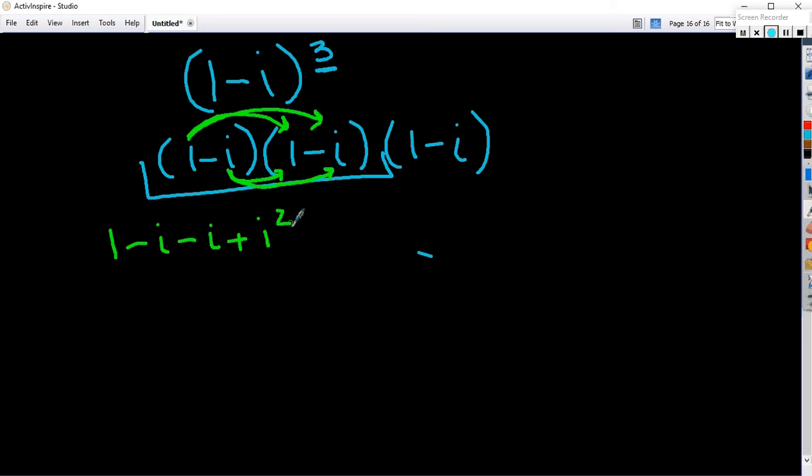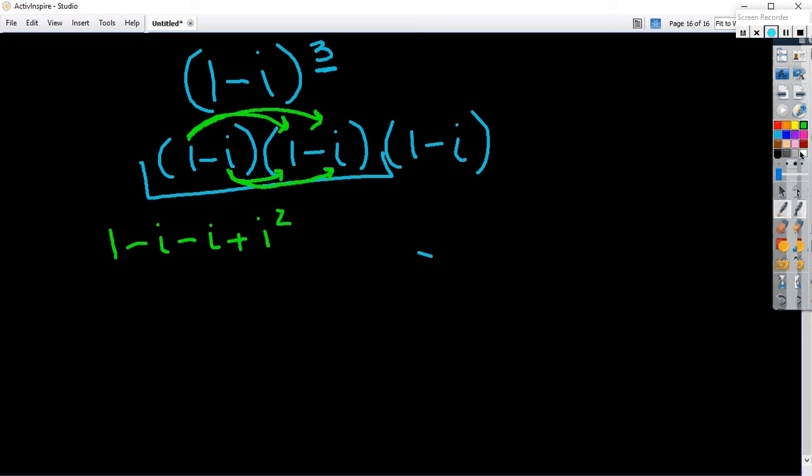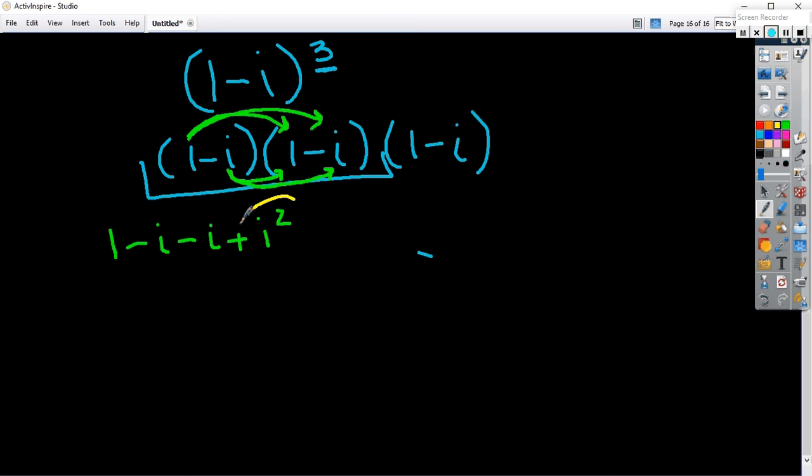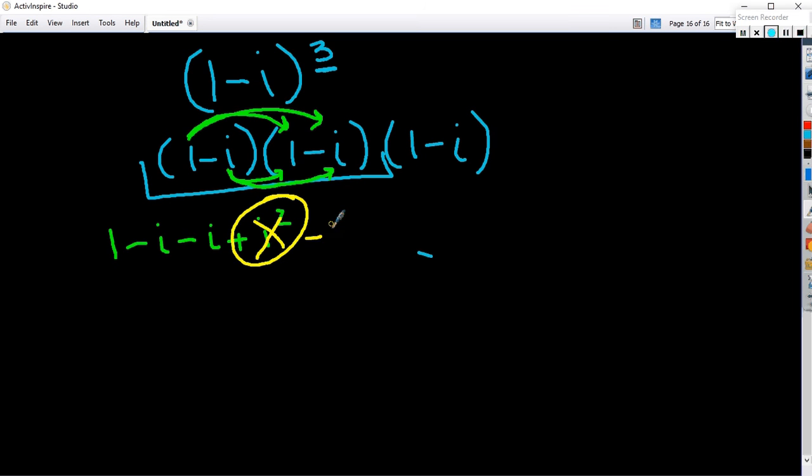These small numbers will throw you sometimes. i squared becomes negative 1. Now look what happens. What is 1 plus negative 1? 0, right? So these cancel.